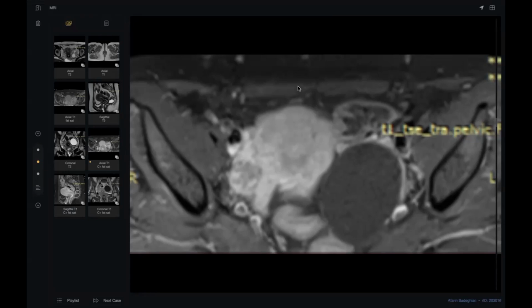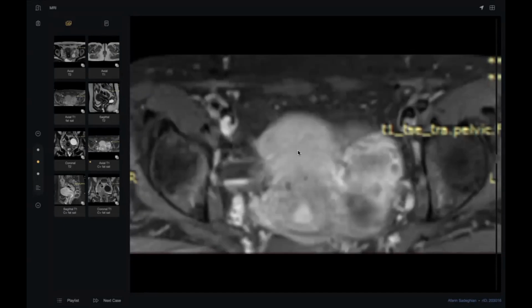No. Doctor, at least tell me this is aggressive or not, benign or malignant. Unmute yourself, doctor. It's not an aggressive lesion. Yes.